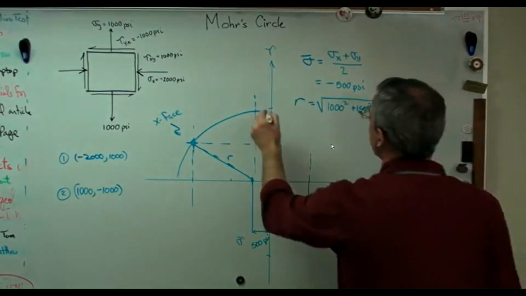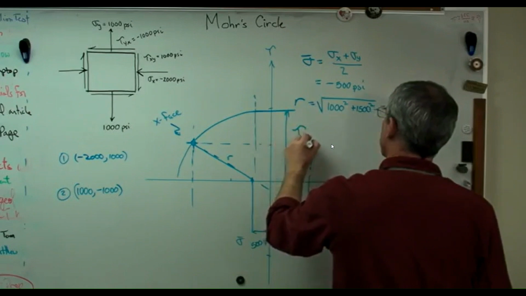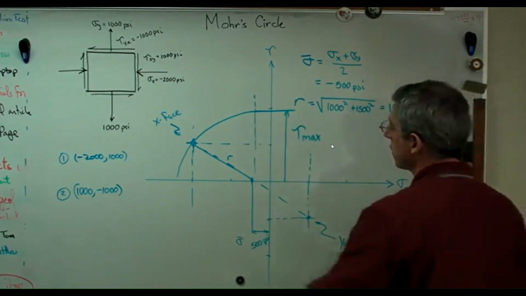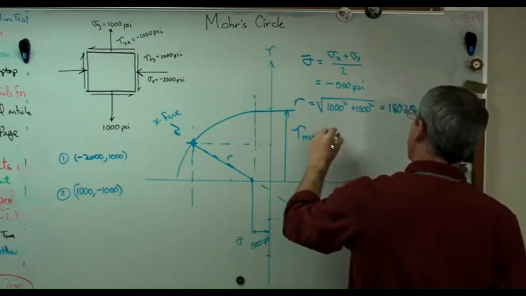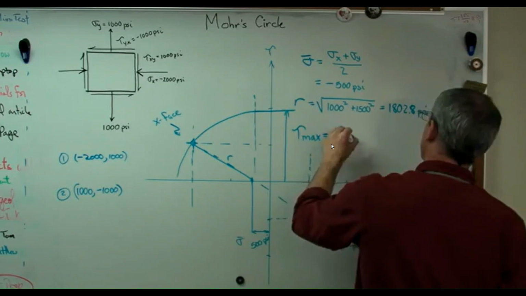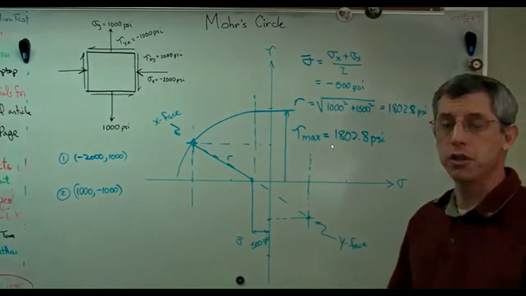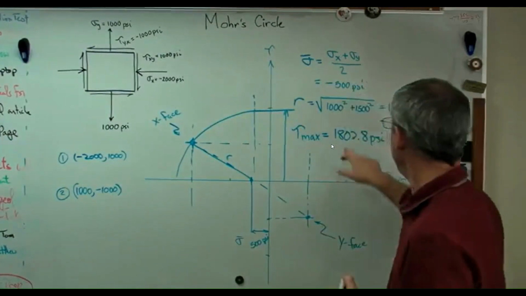There you go. That distance right there is tau max. Tau max is the radius of the circle. All I've done is taken this and rotate it up that way. That equals 1802.8 psi. So the maximum shear stress at this point in whatever part this might be is going to be 1802.8 psi.